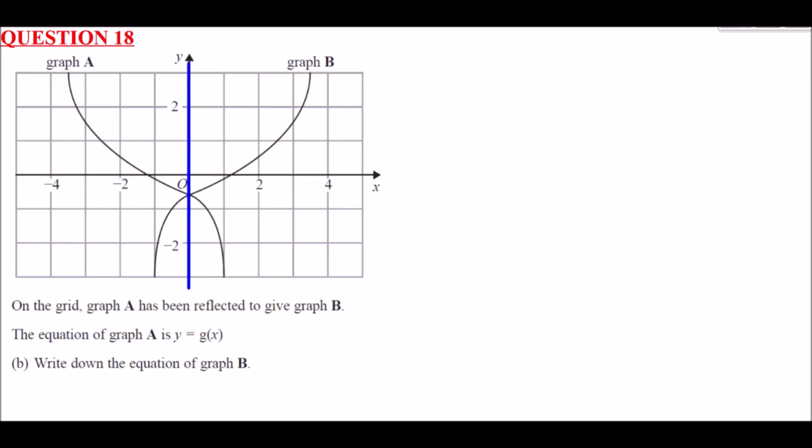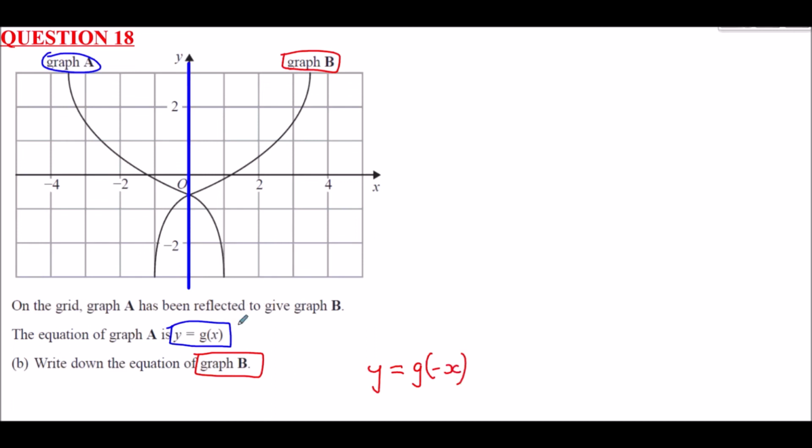So if graph A is y equals g of x, then graph B is y equals g of minus x. That's one of these quick and easy rules.